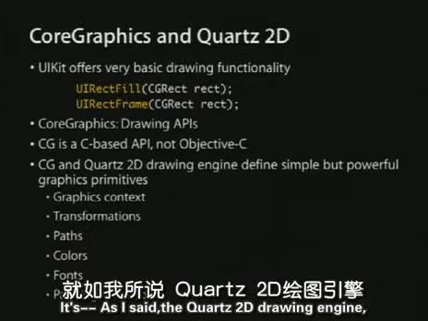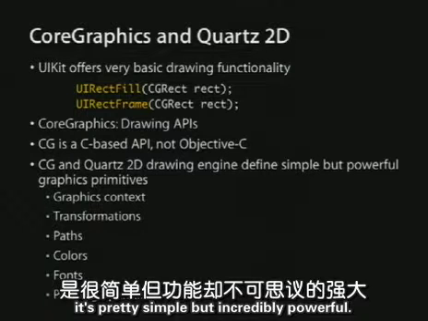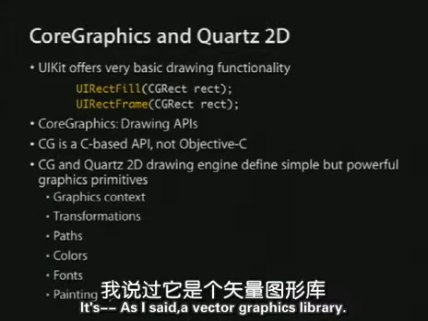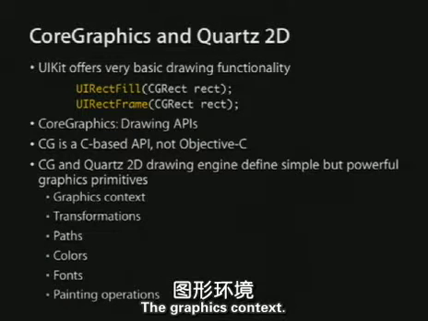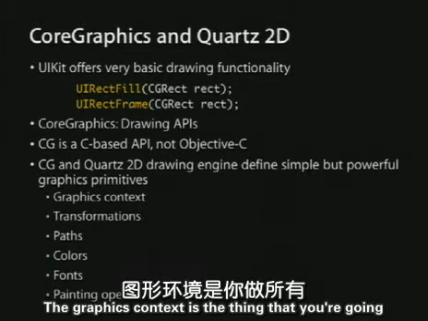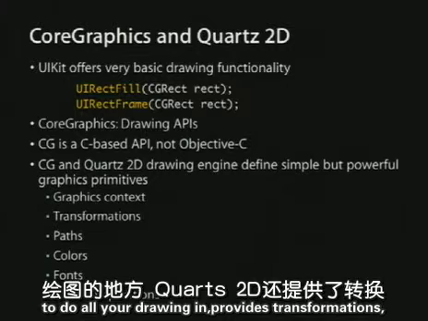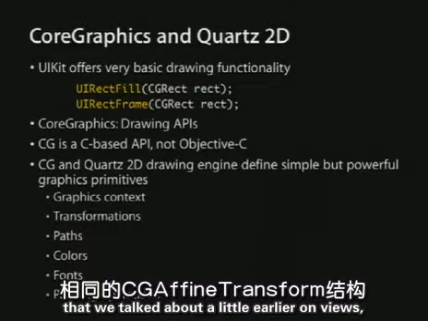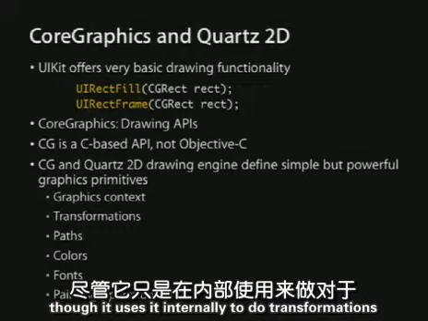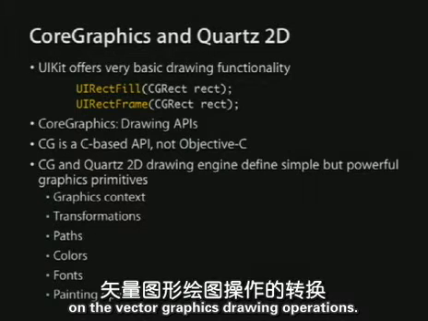It's the Quartz 2D drawing engine. It's pretty simple, but incredibly powerful. It's a vector graphics library, so it provides a bunch of things. The graphics context is the thing that you're going to do all your drawing in. It provides transformations. It uses the same CGAffineTransform struct that we talked about a little earlier on views, though it uses it internally to do transformations on the vector graphics drawing operations.